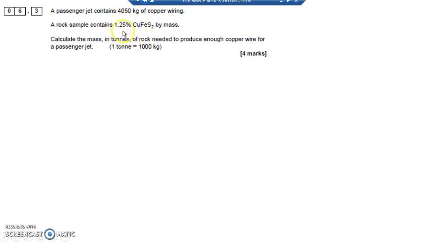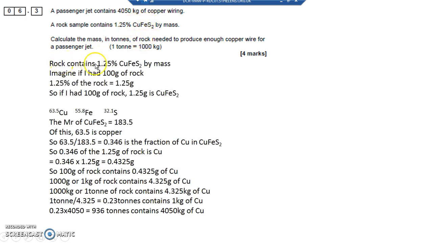So let's assume first of all that I've got 100 grams of the rock sample. Out of the 100 grams of the rock sample, 1.25% is CuFeS2. Therefore, 1.25 grams out of the 100 grams is CuFeS2.